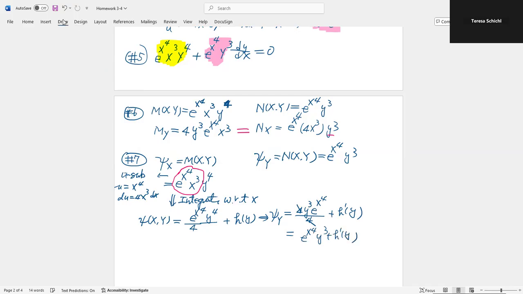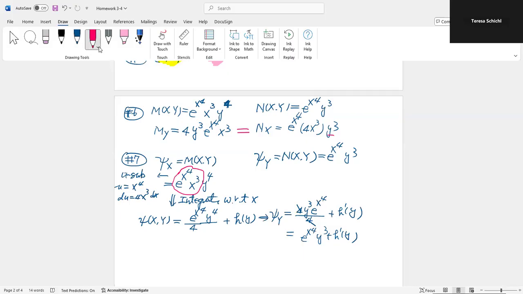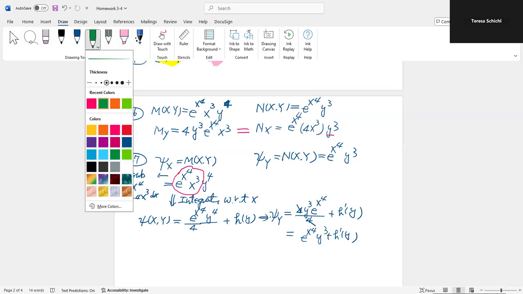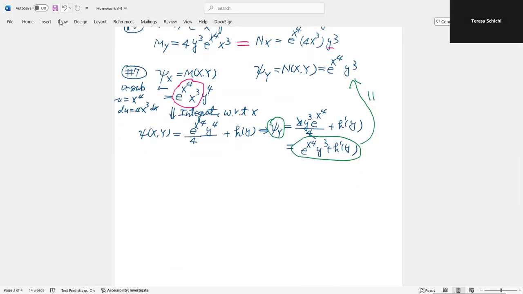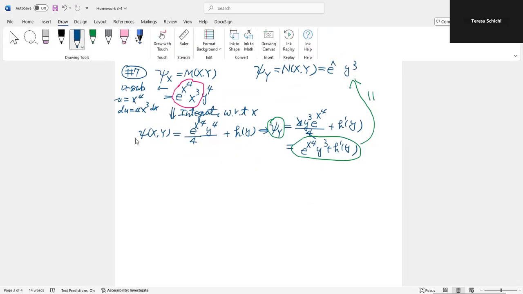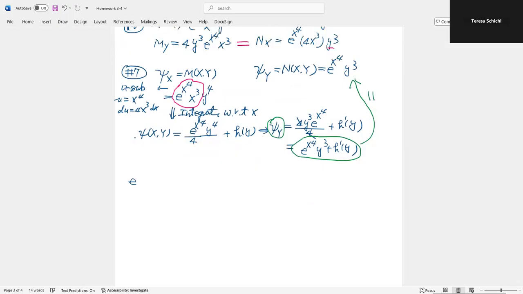Now remember, both of these are the partial derivative of the phi function with respect to y, so they are equal. Because they are equal, what does that tell me? So this is step number 8: e to the x fourth y cubed equals e to the x fourth y cubed plus h prime y.